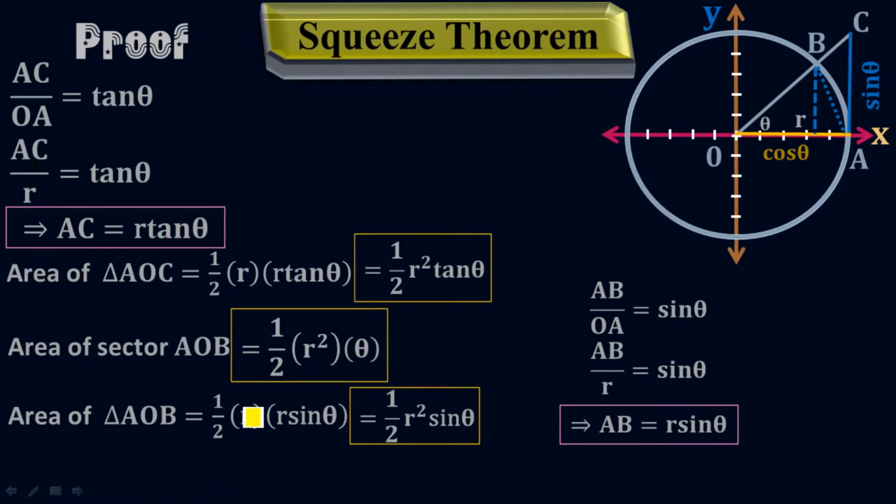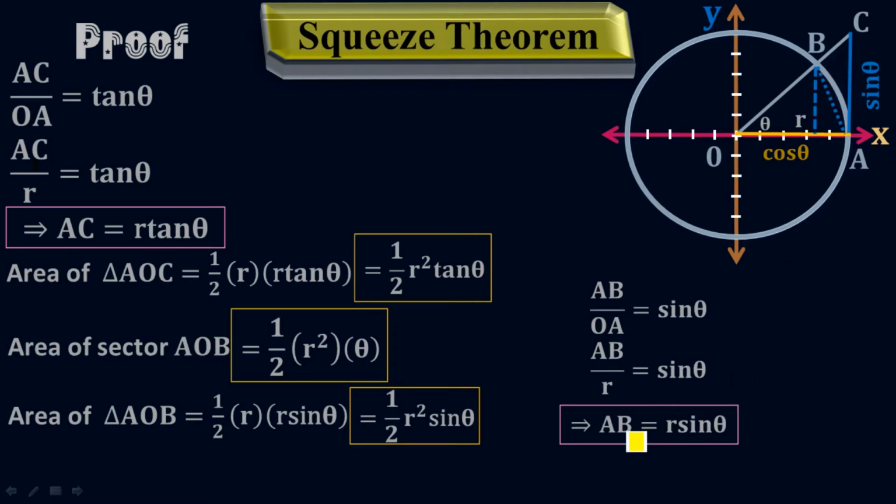We know that the area of the triangle is 1/2 into base times perpendicular. What is my base? The base is R, which is the radius. But what is the perpendicular? The perpendicular was AB from here up to here, because I'm talking about triangle AOB, not triangle AOC. I have done that, and I have also done the sector AOB. Now I'm talking about triangle AOB. So it will be 1/2 into base, which is R, times perpendicular, which is AB.